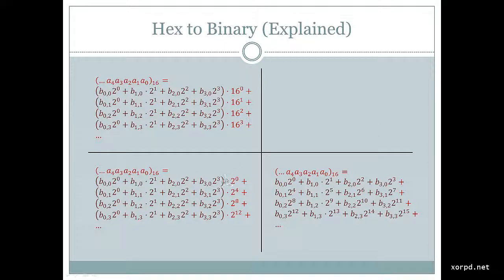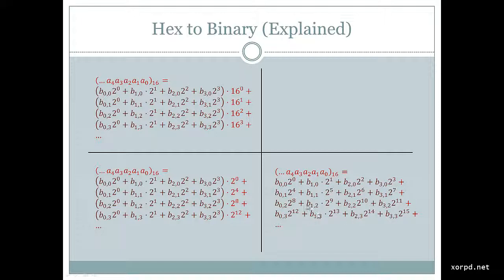Eventually, if we open the braces, if we multiply 2 to the 4 with every summand here, and we do the same with 2 to the 8 and 2 to the 12, it's not necessary to do it for the first part because this is just 2 to the 0, which is just 1. We are going to get this new formulation.